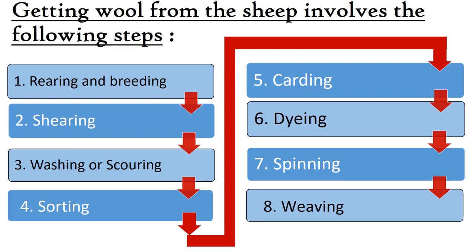Starting from rearing and breeding, then shearing, then washing or scouring, after that sorting, then comes step number 5, carding, dyeing, spinning, and finally weaving.